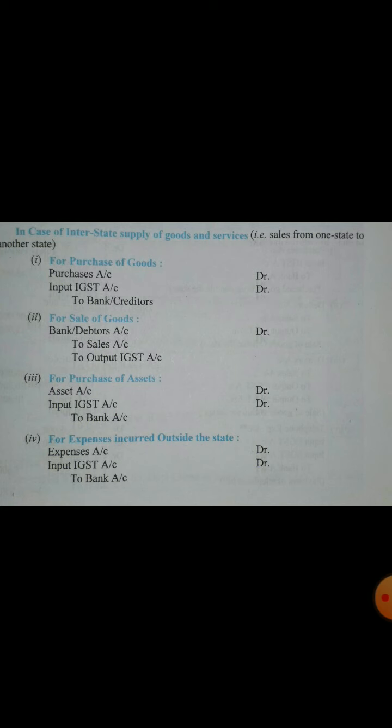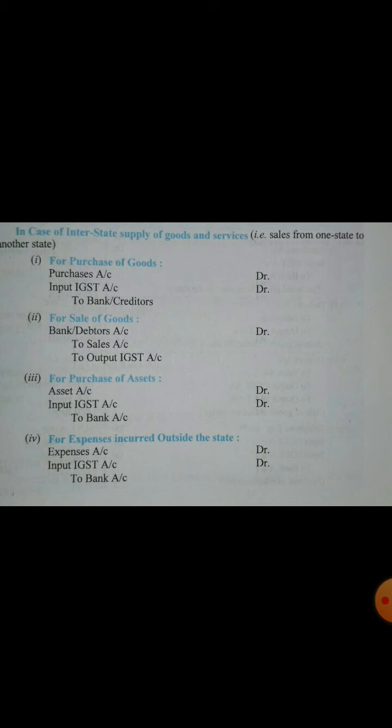When goods are exchanged interstate, SGST and CGST will not be debited, but the Input IGST account will be debited. Now, what will be the rate? Suppose 6% is SGST and 6% is CGST, then the total 12% will go to the Input IGST account. That means combining both, we put the amount here.